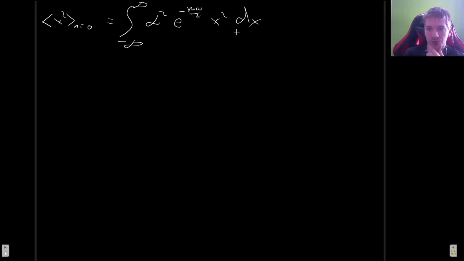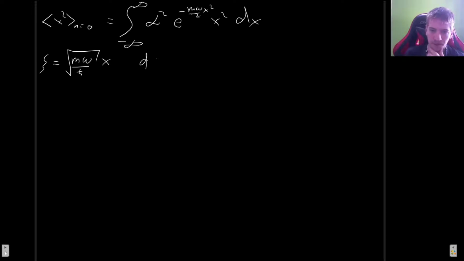So now let us introduce the change of variables that they suggest, which is that we create this variable called xi, which is going to be, oh, by the way, there's supposed to be an x squared there, which is just going to be the square root of m omega divided by h bar, times x.